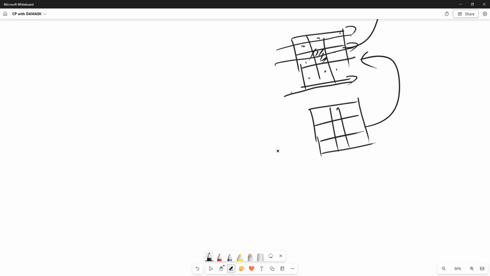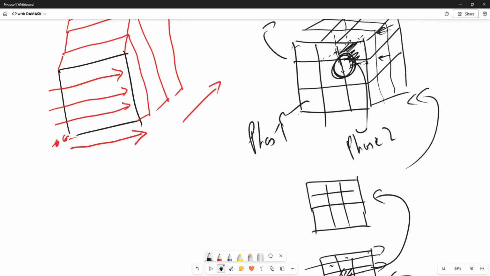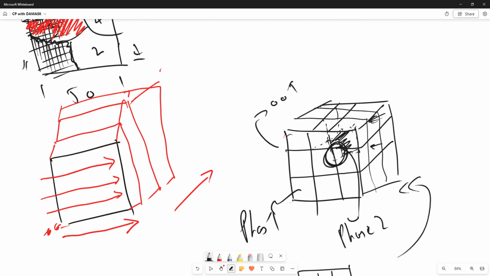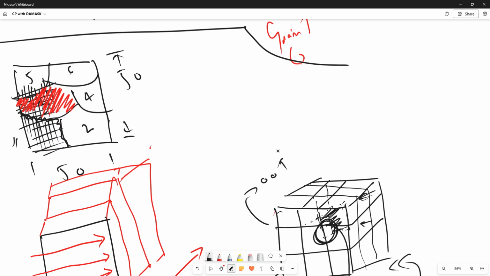Good. And one thing that I missed telling you is how will Damask know where to fit all these ones and twos? In the beginning of the geometry file, you tell Damask that this is a geometry file that is 3 by 3 by 3. So this is something that you define in the beginning: what is the size of my geometry?